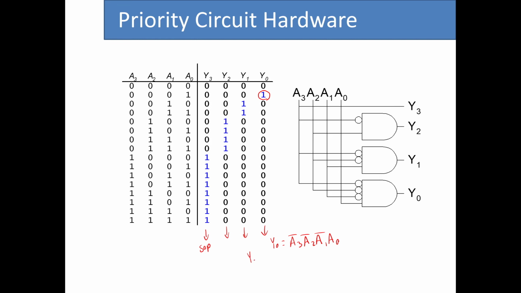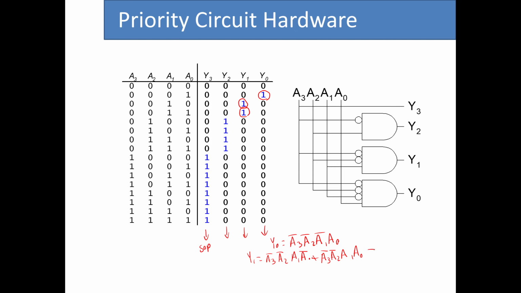For Y1, if you do that, since you have 2 rows for which the output is 1, you add the min term associated with each one of these rows. So you have A3 bar, A2 bar, A1, and A0 bar, plus A3 bar, A2 bar, A1, and A0.